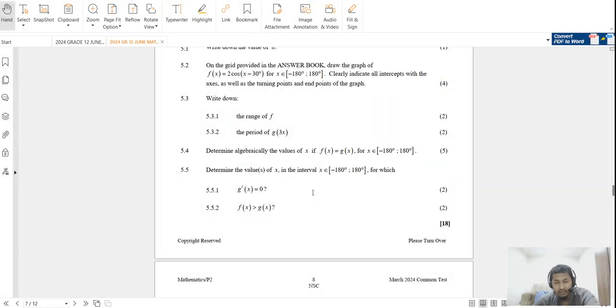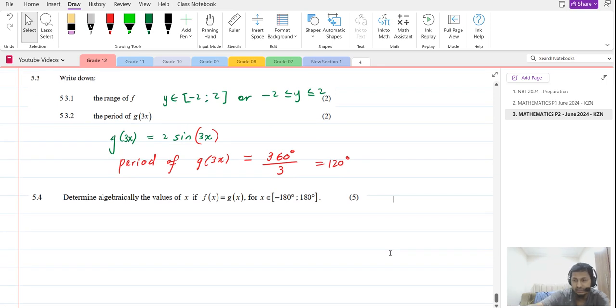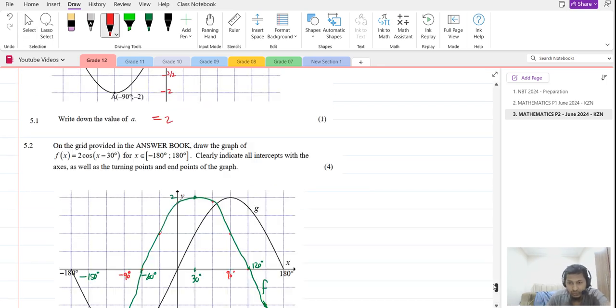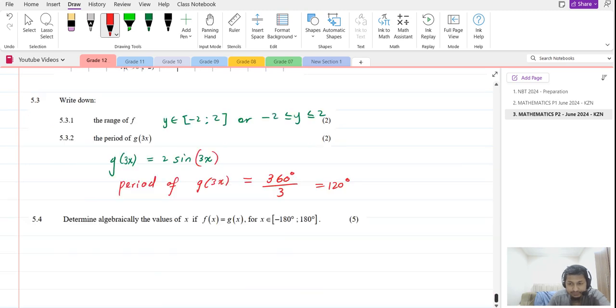Determine algebraically the points of intersection of f of x equals g of x. F of x equals g of x is basically the points of intersection. So we basically want these points of intersection here, 1 and 2. So what was f of x? F of x is 2 cos(x - 30 degrees).